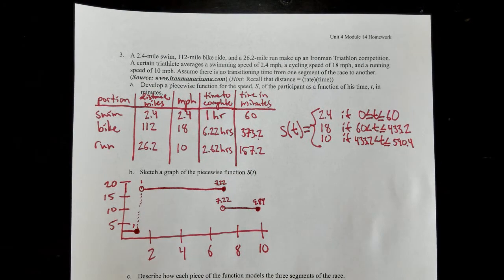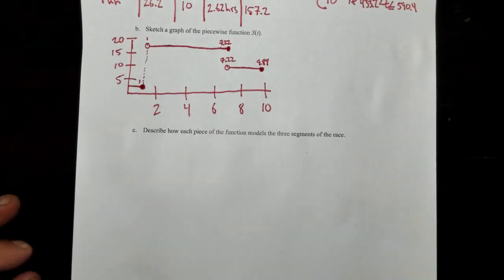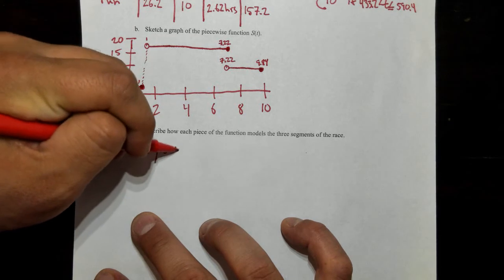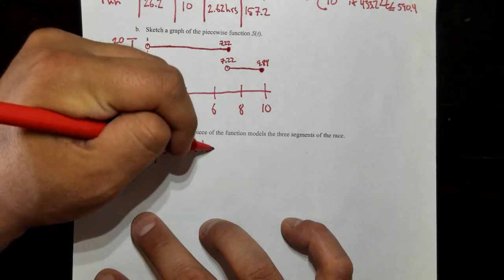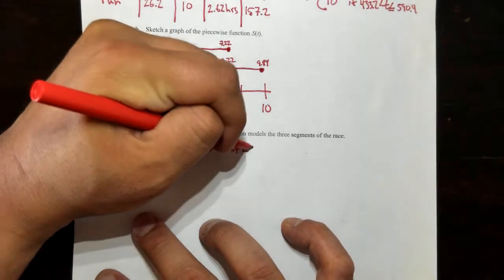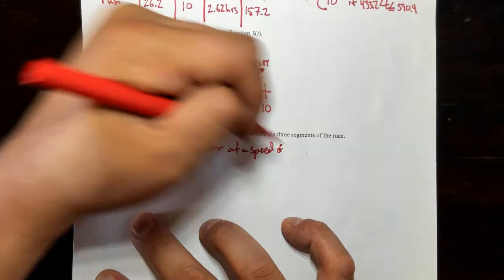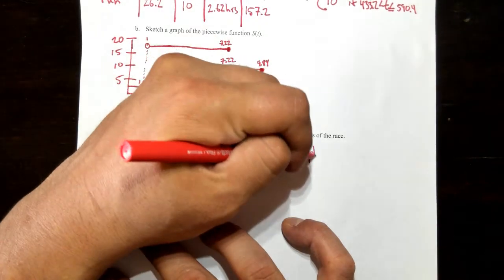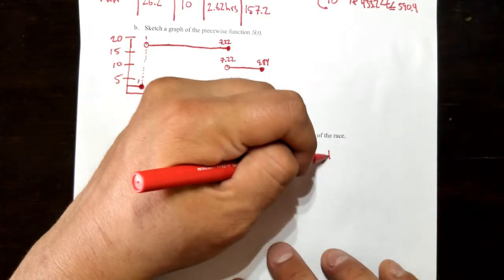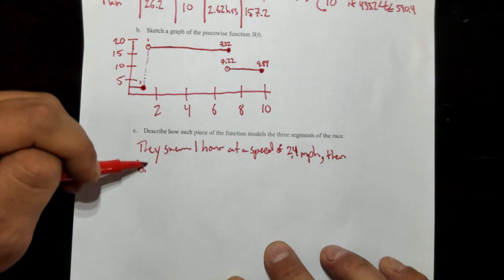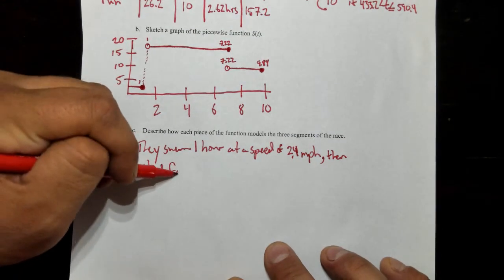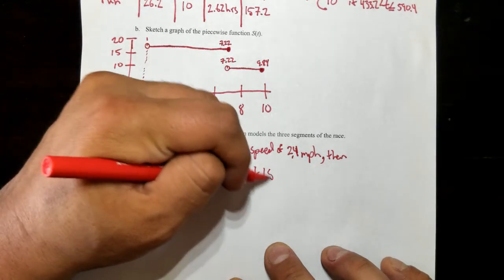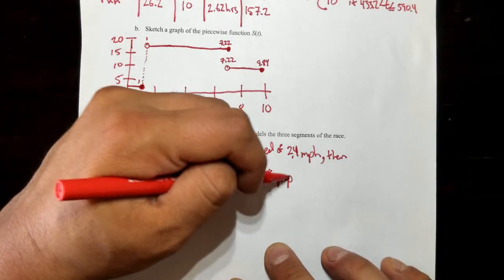Awesome. And then C, describe how each piece of the function models the three parts of the race. Well, they swam for 1 hour at a speed of 2.4 miles per hour. Then biked for 6.22 hours at 18 miles per hour.